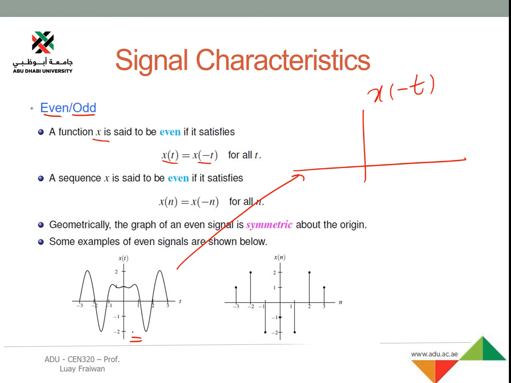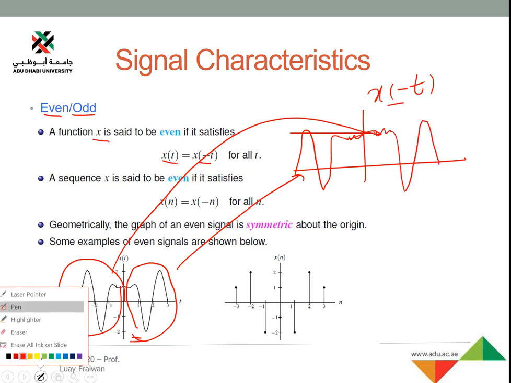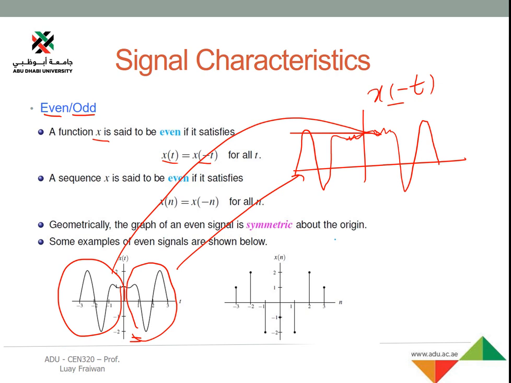So this part will go to this side, and this part will go to this side. So this is the reflected signal. If you see, your input signal x of t and your reflected signal are the same.